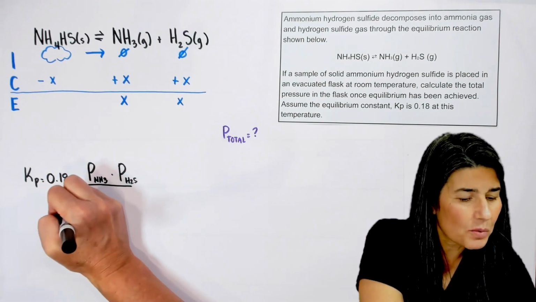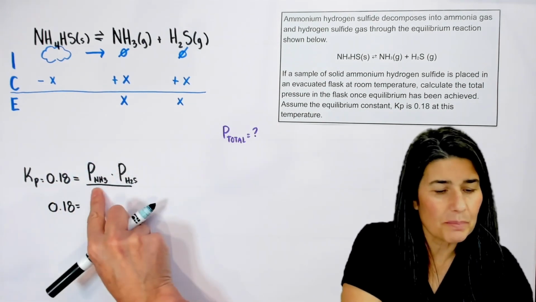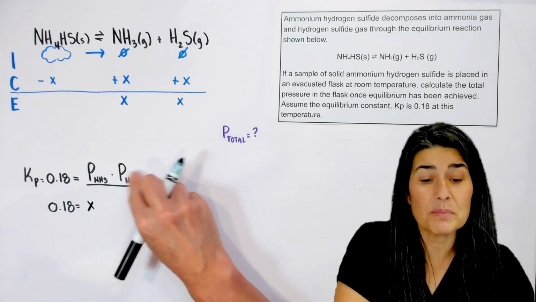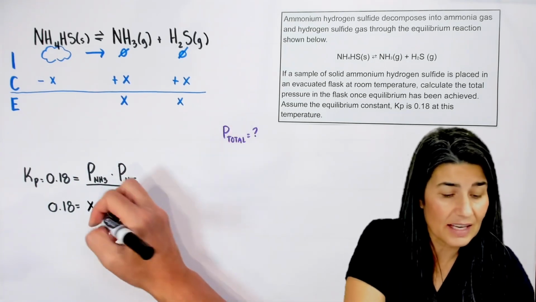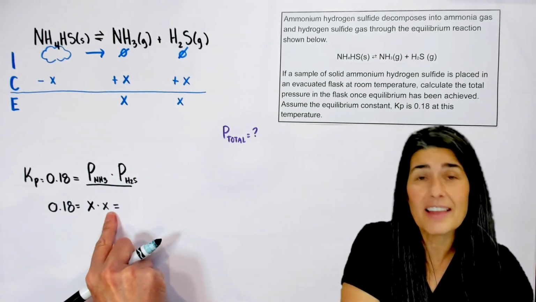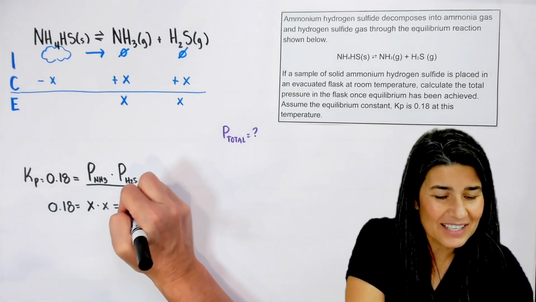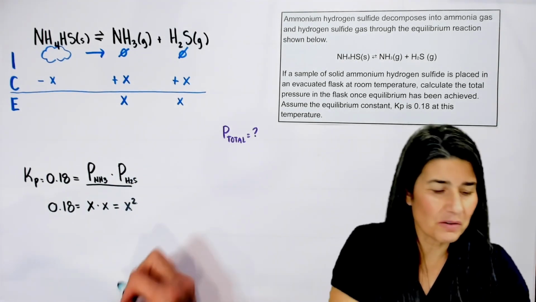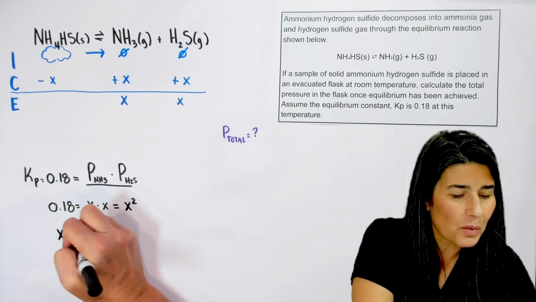So right now, I know 0.18, the equilibrium value, equals the pressure of NH3 at equilibrium, X, times the pressure of our H2S at equilibrium, that's also X, or together, X times X is X squared. So we can go ahead and find the value for X by taking the square root.